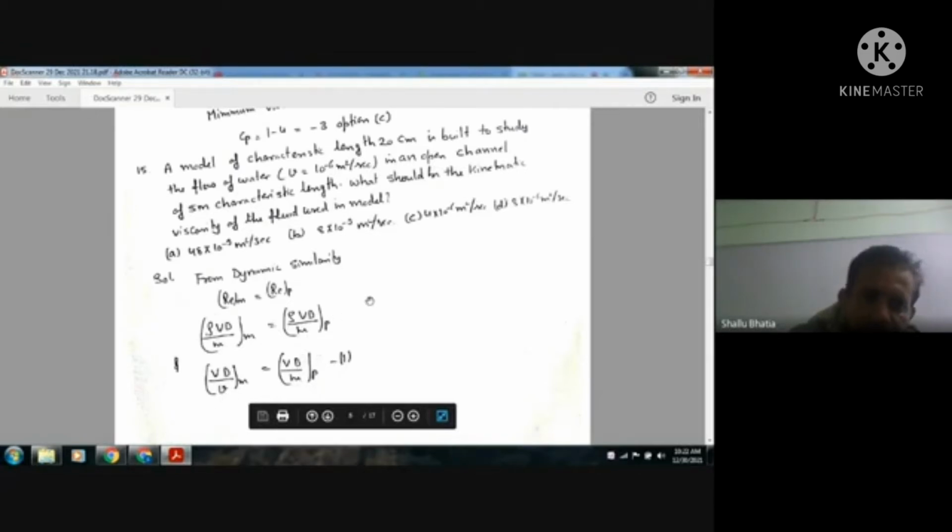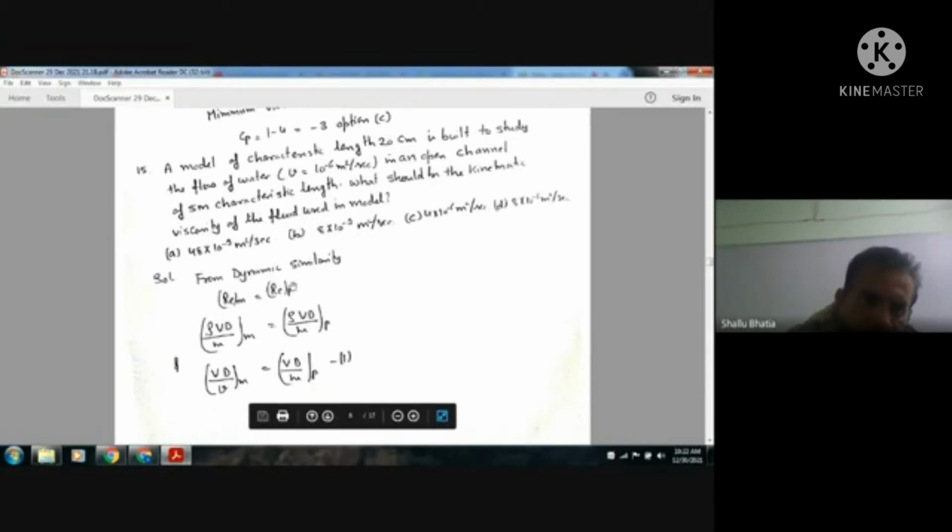And then we have the characteristic length of the model as 20 centimeters, and the characteristic length of the prototype is 5 meters, and this is 10 to the minus 6.